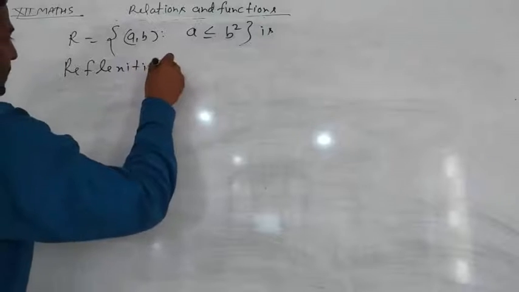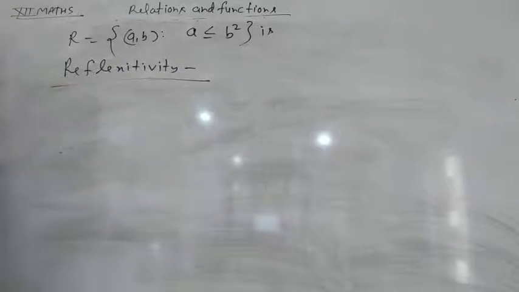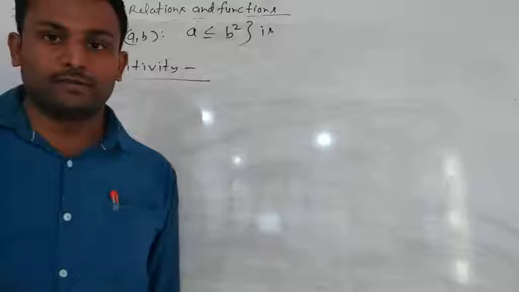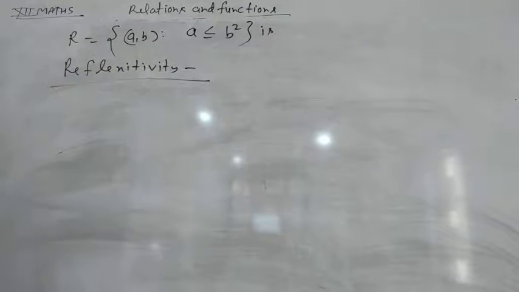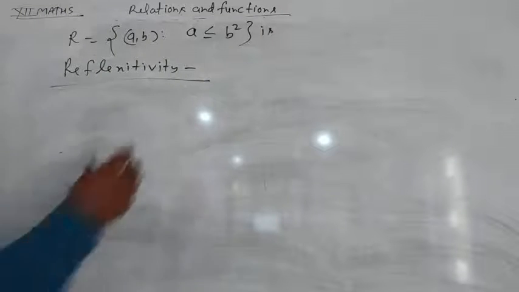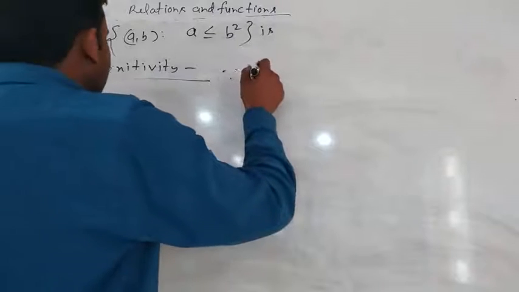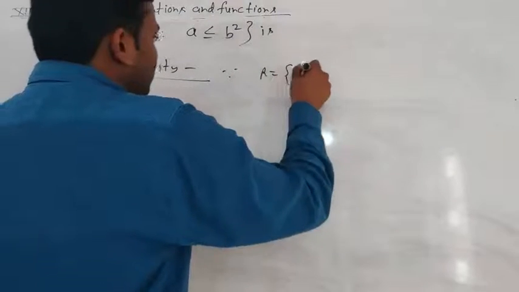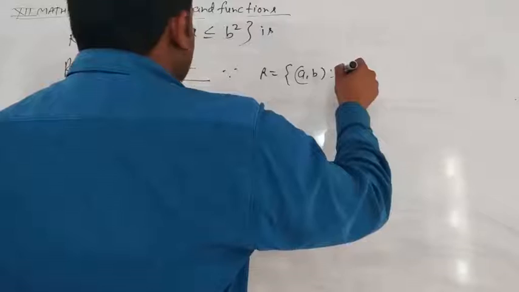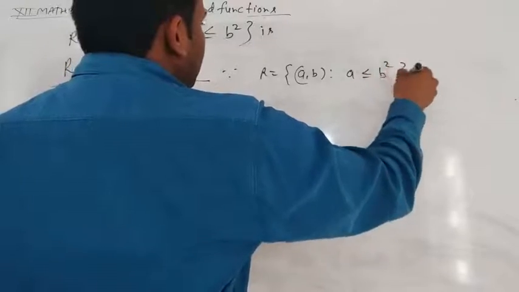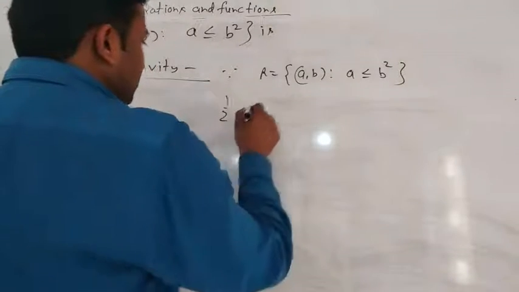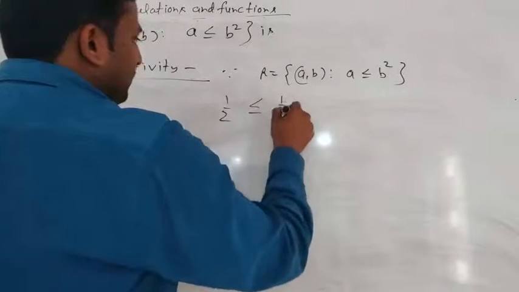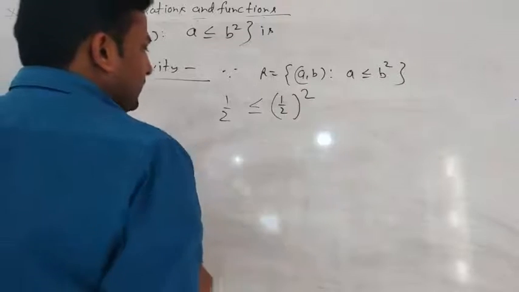Okay, student, so in this question first we check its reflexivity. We take an element and check whether it satisfies the relation. Since R is {(a, b) such that a ≤ b²}, we take 1/2, which should be less than or equal to (1/2) squared.